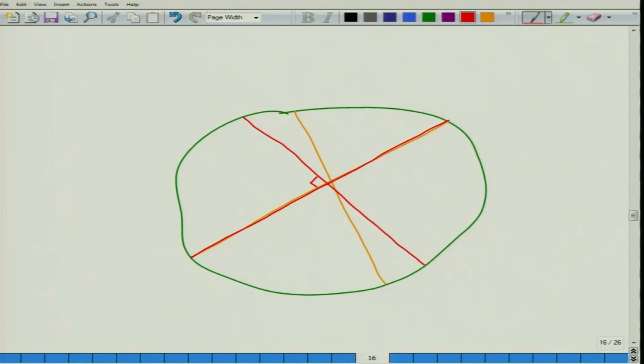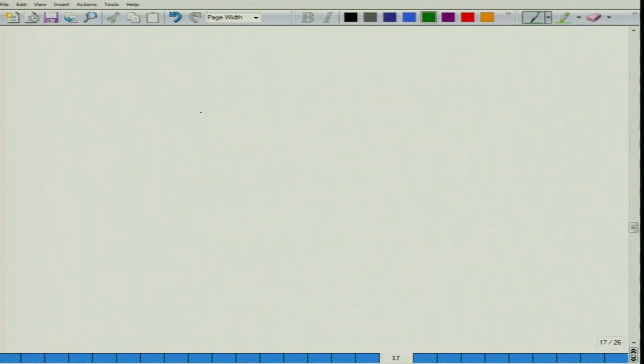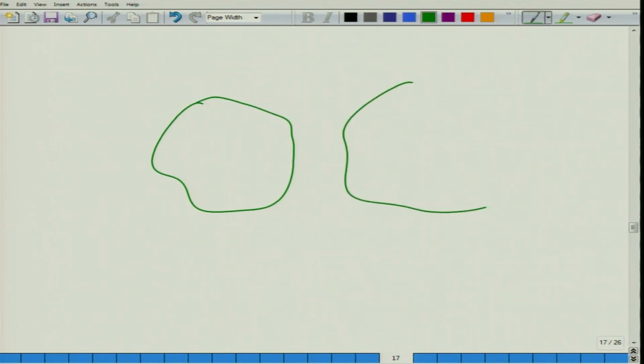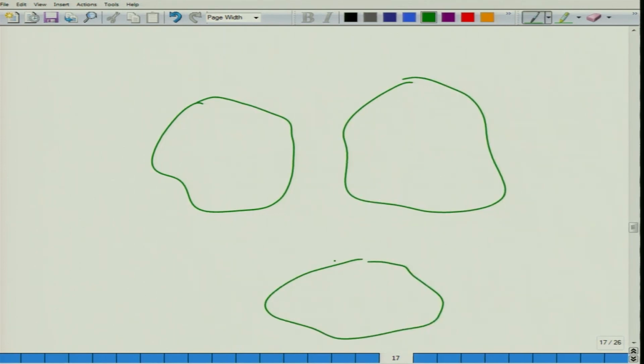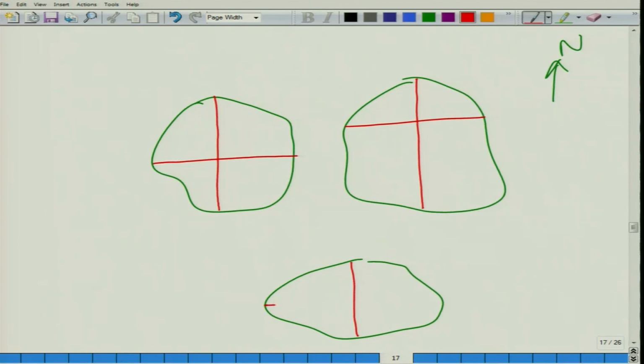Or maybe you can take all your trees. For instance, if you have a number of trees, then maybe you would say that north is the direction along which you will measure the first diameter for all the trees. In that case, regardless of whether or not it is the longest diameter, you will measure your diameters like this and then take 90 degrees to get the other diameters, and then take the average.